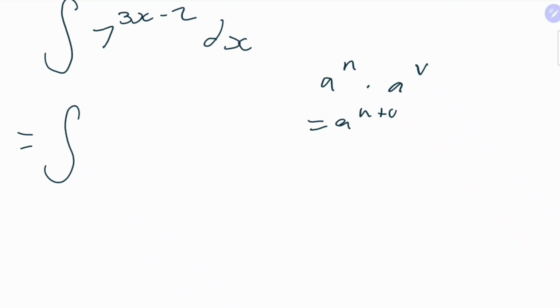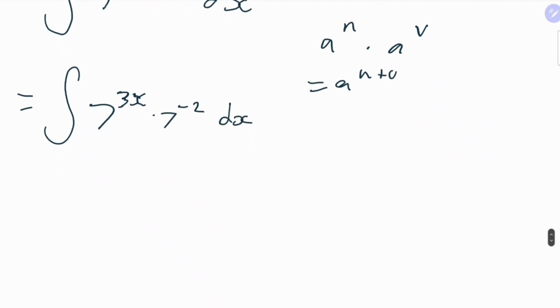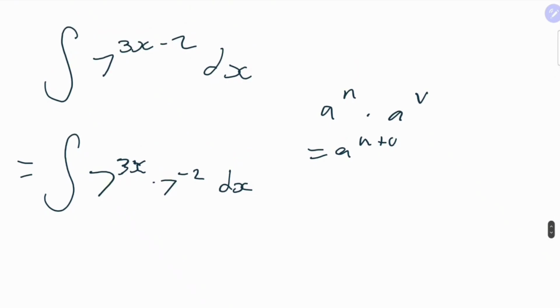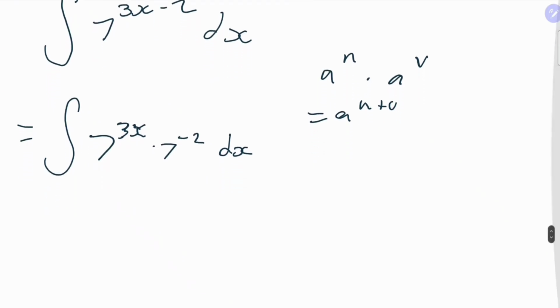So what we're going to want to do in this case is this. 7 to the 3x multiplied by 7 to the negative 2 dx is actually the same as 7 to the 3x minus 2.